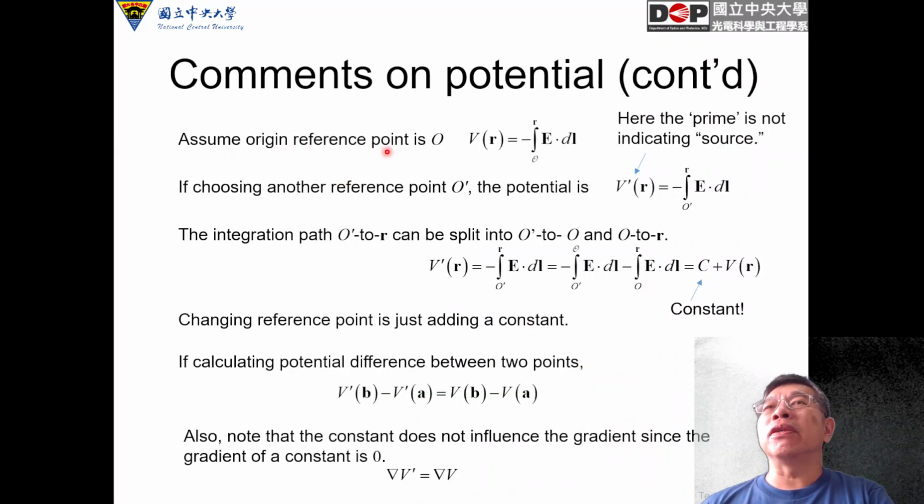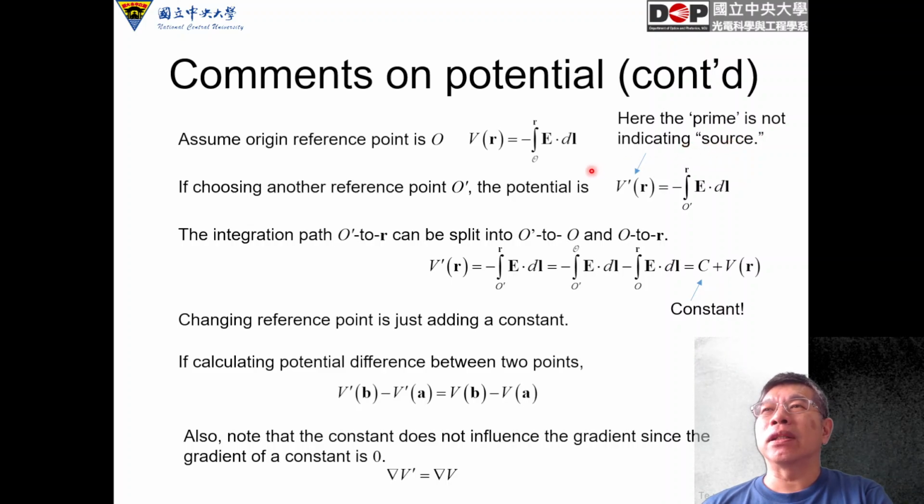Assume the original reference point is O, so our potential at that particular point of interest R is the path integral from the point O to the point of interest. If we choose another reference point, O prime, the potential will actually change. Just be aware, this point is just another reference point. It's not about the source.